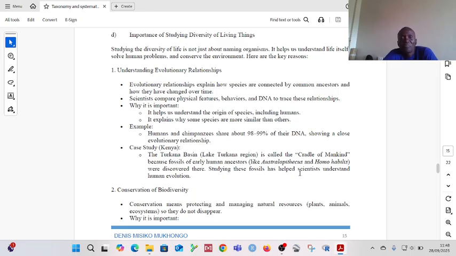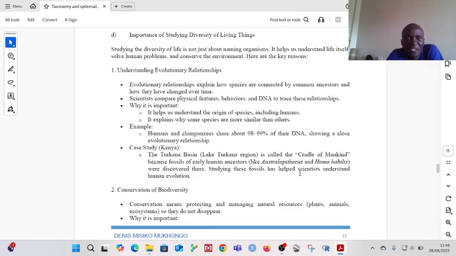Okay? And possibly, not only how connected they are, but how they have been changing with time. You can compare physical features, you can compare behavior, you can also look at DNA. Then through that, you can trace the relationship between living organisms.